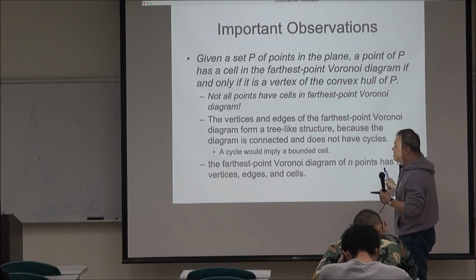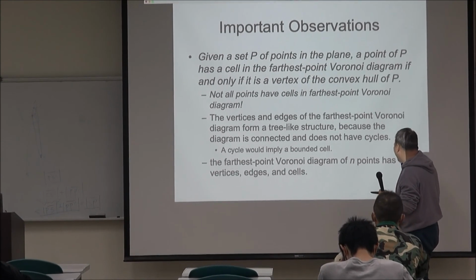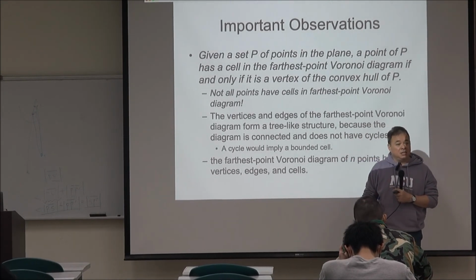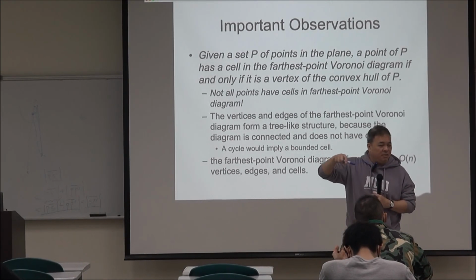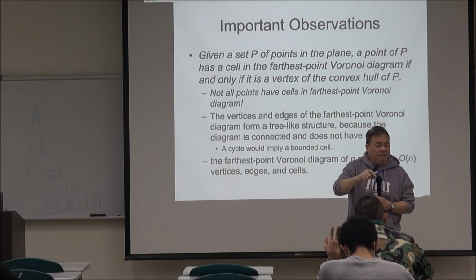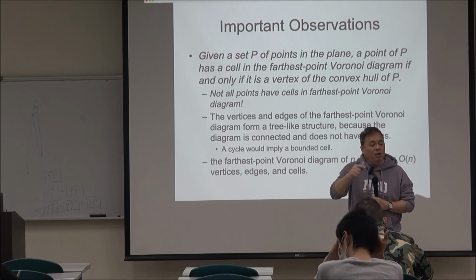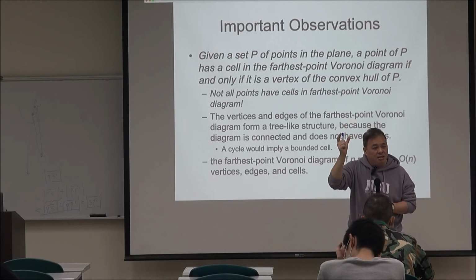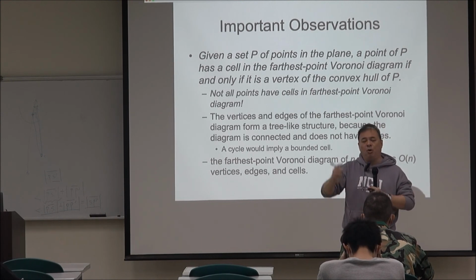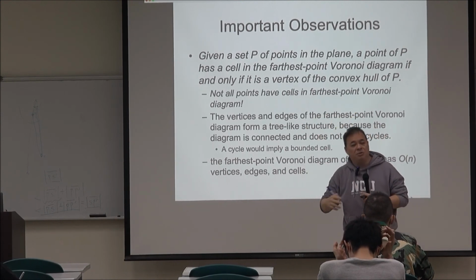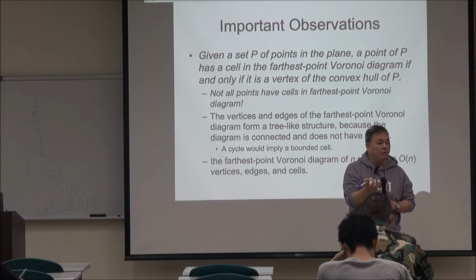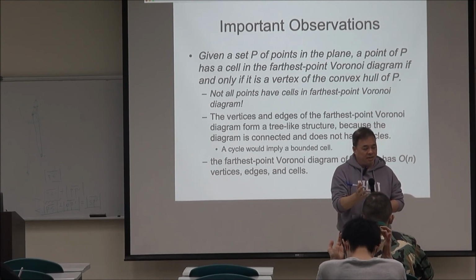Obviously, it has less than or equal to n cells, because only the endpoints contribute cells. The worst case is that all the endpoints contribute to the Voronoi diagram, so you have at most n cells, otherwise fewer than n cells.